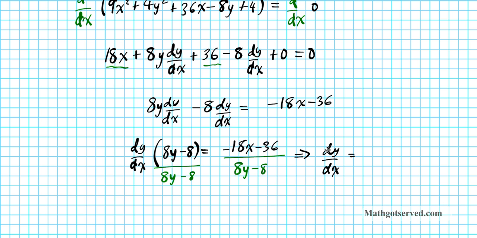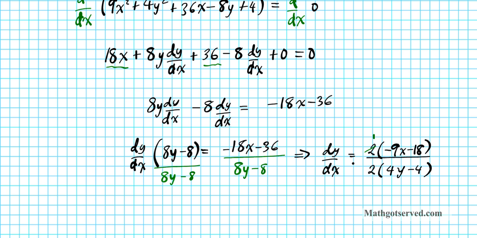Now if you notice, I can factor out a 2 from the numerator and the denominator, so I can divide the numerator and denominator by 2. But let me just factor out a 2 so you can see it clearly. From the numerator, I'm left with negative 9x minus 18, and from the denominator, I'm left with 4y minus 4. Then I can divide the 2's out.